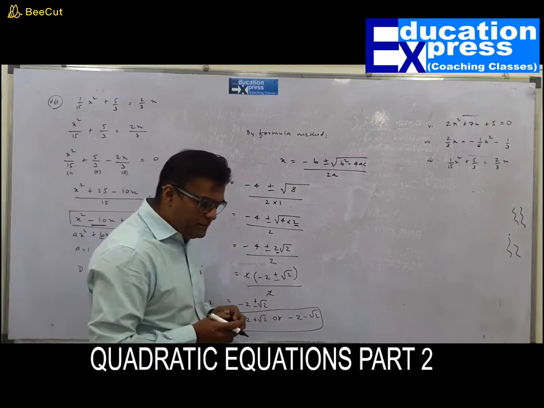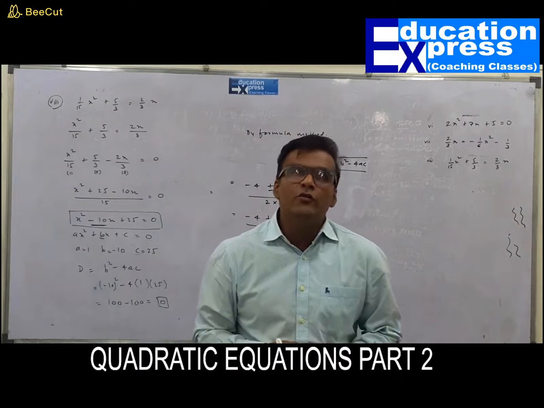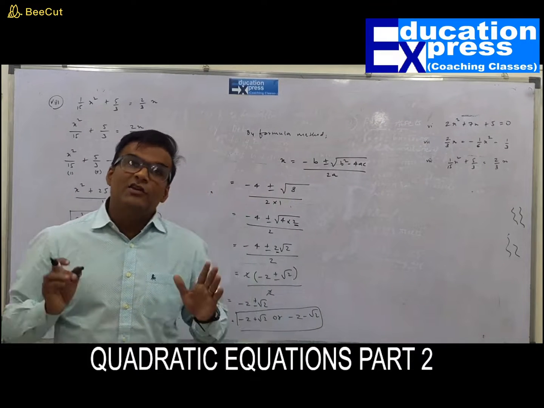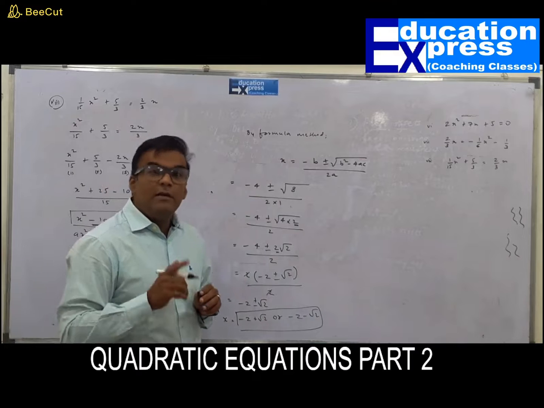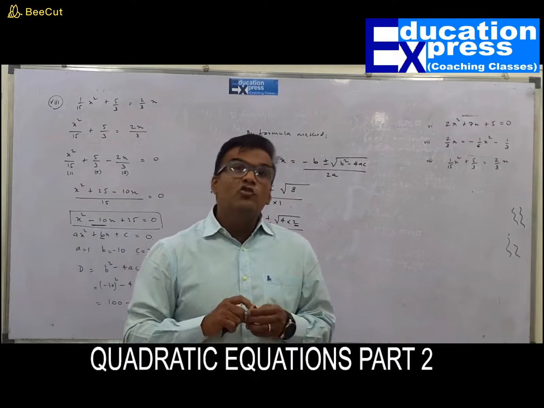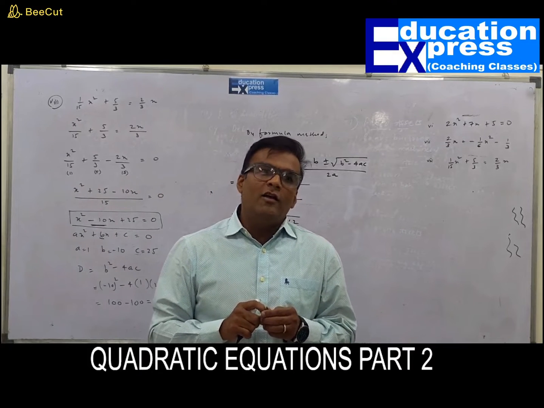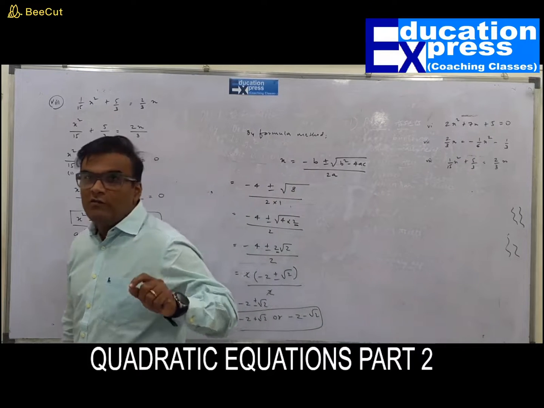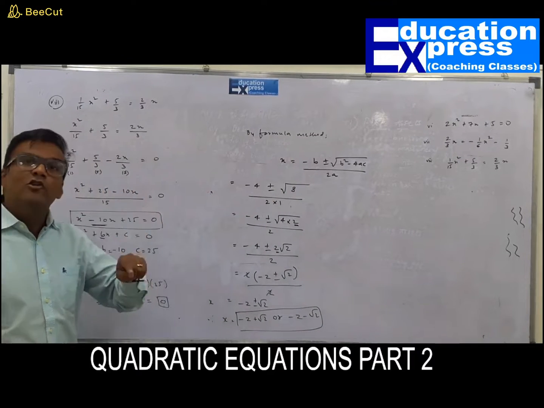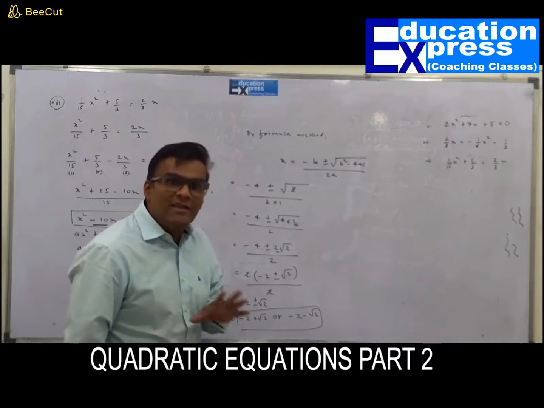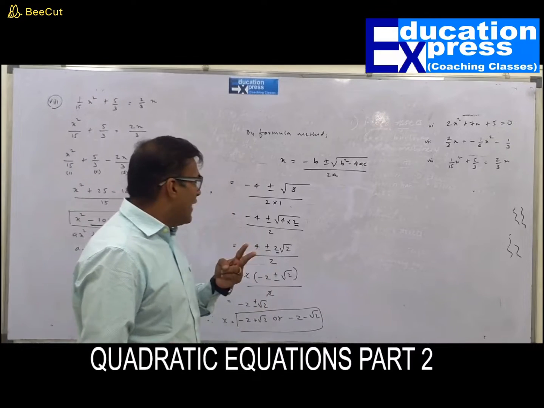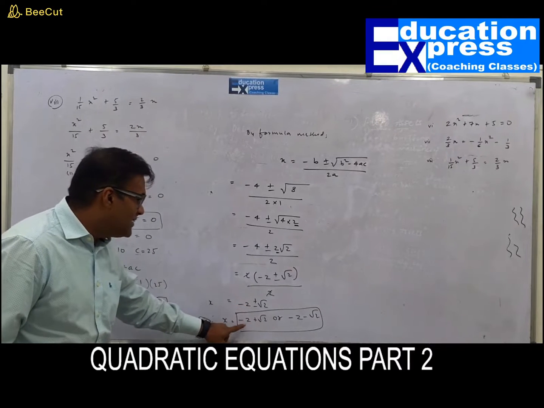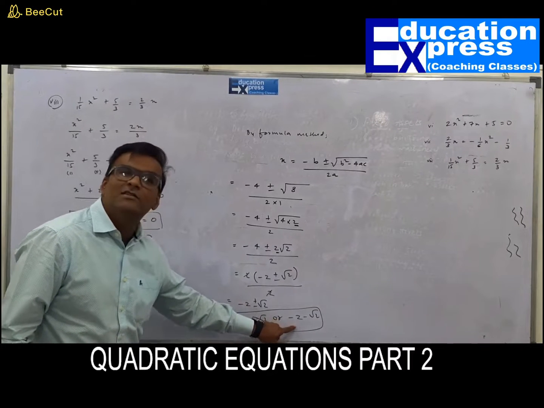You know friends, one observation I will tell you. Whenever the value of discriminant is 0, please make sure that you will get equal roots. That means the value of x or the value of root is going to be the same. You're not going to get two values of x, as we got in the previous case, x is this or x is this.